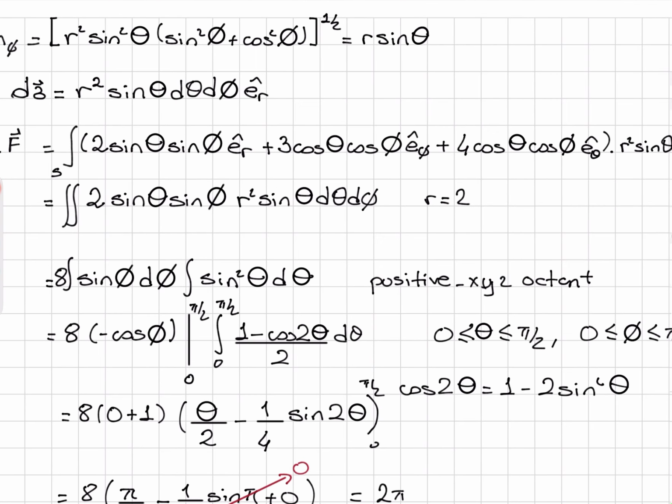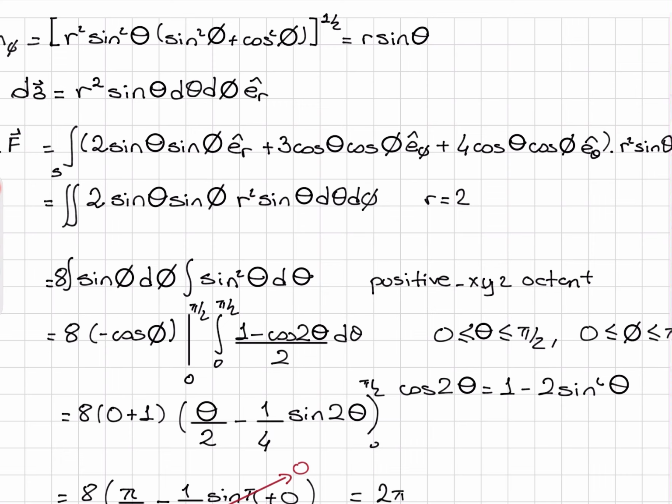So when I take the dot product of this with the given vector, it's only going to have a non-zero value for er hat dot er hat. Er hat dot e phi hat is 0, er hat dot e theta hat is 0. So this will give me 2 sine theta sine phi, r square sine theta d theta d phi, and r is equal to 2. So that's given. So this is going to be 4 times 2, 8.